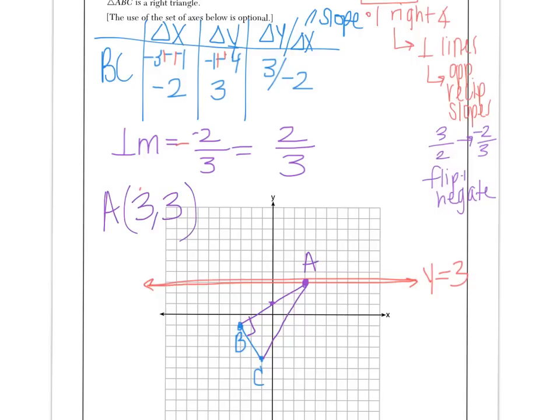Now we could have also done it from point C, still going up 2 over 3, up 2 over 3, up 2 over 3, until again we hit the red line. This gets a little messy, which is why it's nice that we went from B in the first place.